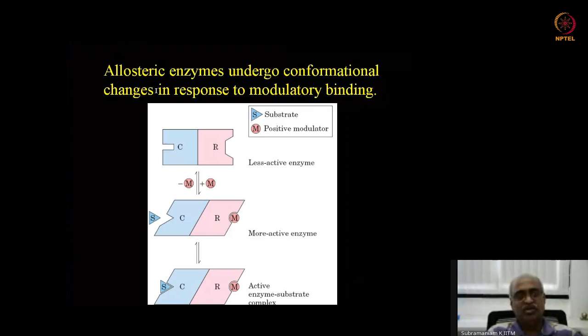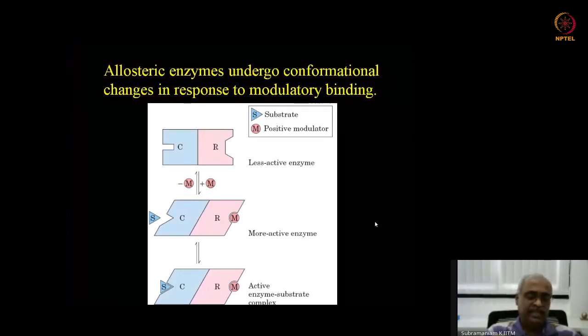So the modulator may be an activator. In the case of oxygen and hemoglobin, oxygen is the activator because oxygen binding to one subunit activates oxygen binding in other subunits. Such factors are called allosteric activators. It could be an activator or inhibitor, so we call it an allosteric modulator or allosteric regulator, and it binds elsewhere.